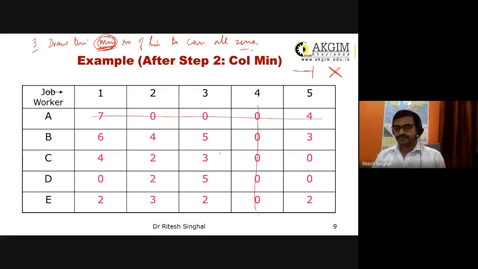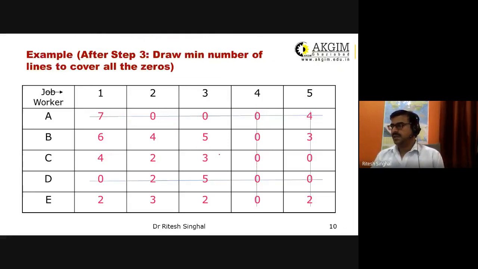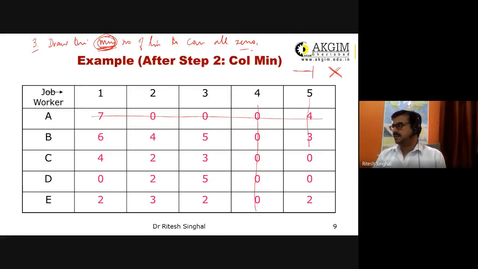Okay, go with me, and then like this and this one. So here 4 lines are required to cover all zeros.